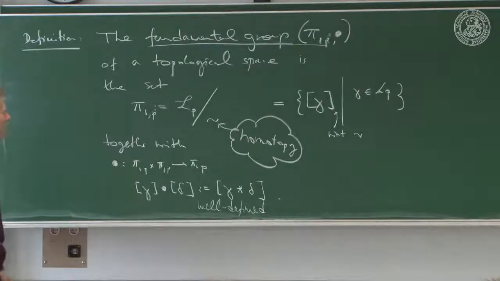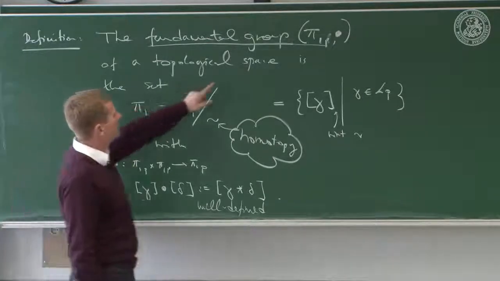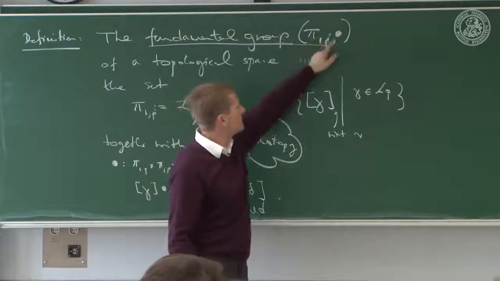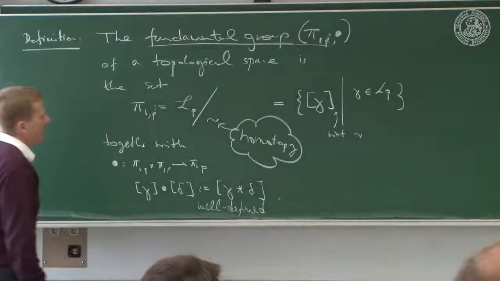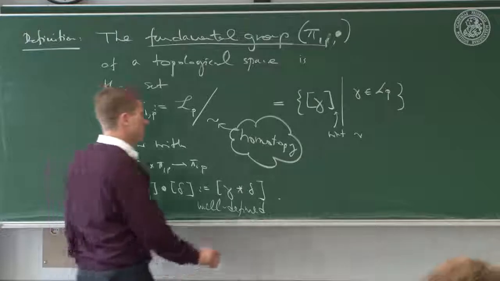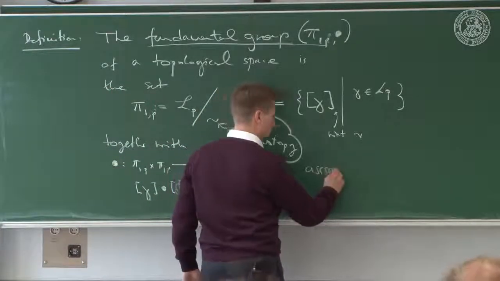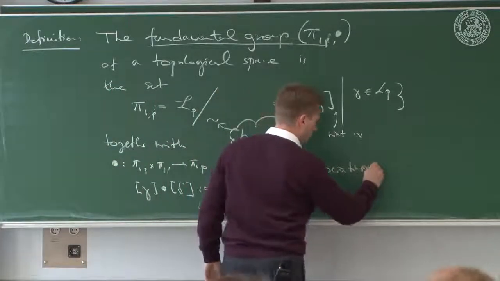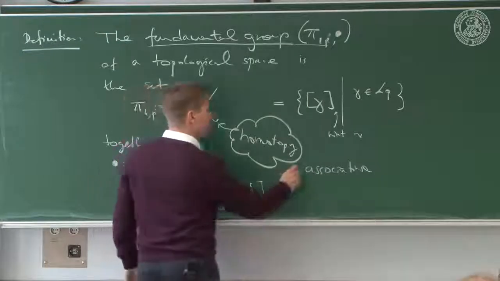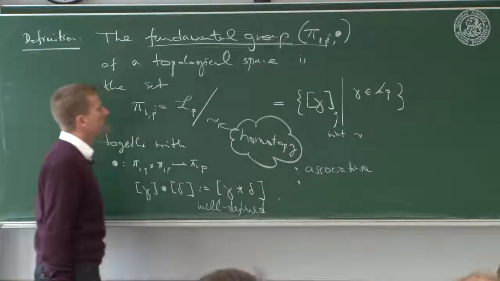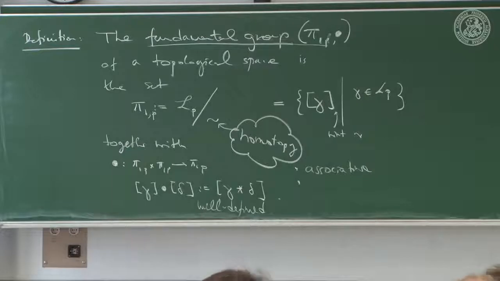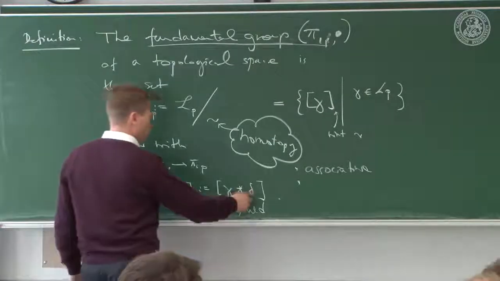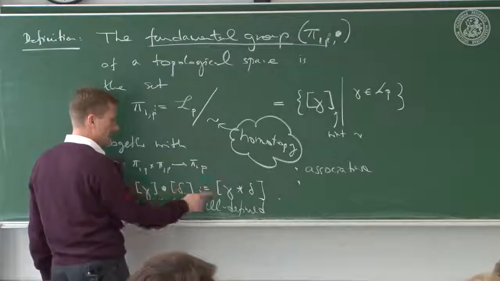And so what you do have here is this set with this blob operation, and this blob operation is associative. What is the neutral element of the blob operation? Which delta do you have to put here in order to get this class here back?